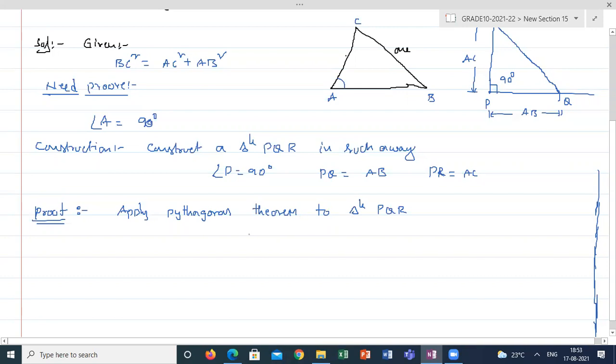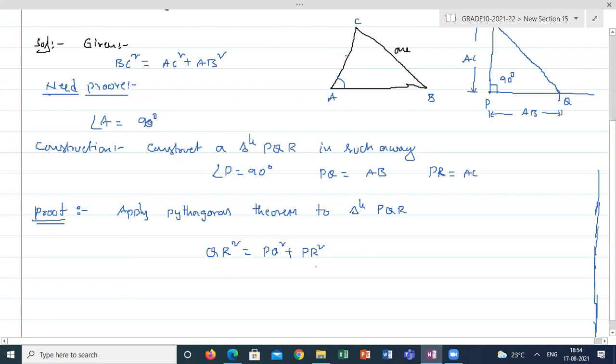Because I already constructed the right angle triangle with the lengths of AB and AC. But I don't know whether my BC is equal to QR or not. But AB is equal to PQ, AC is equal to PR. So QR square will be equal to PQ square plus PR square.